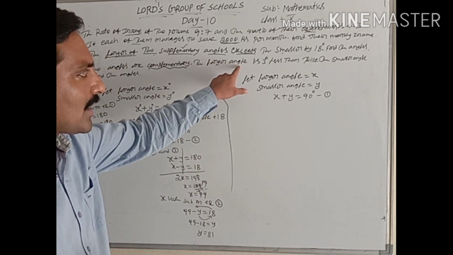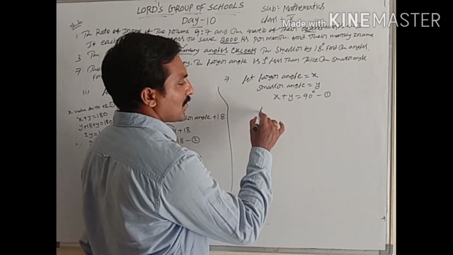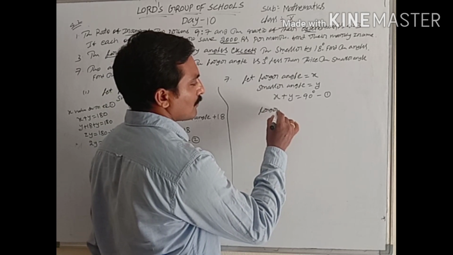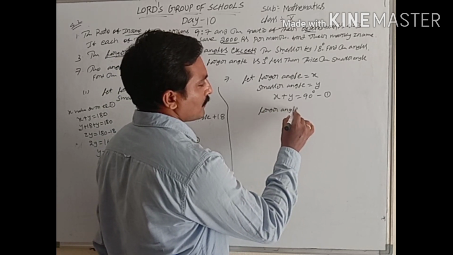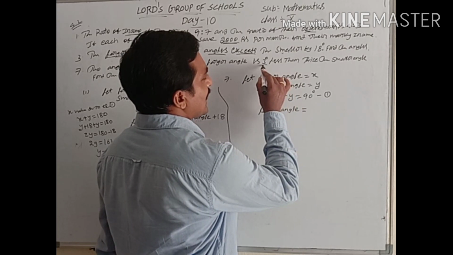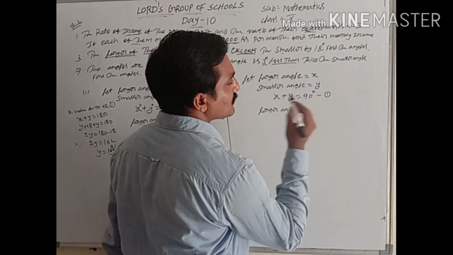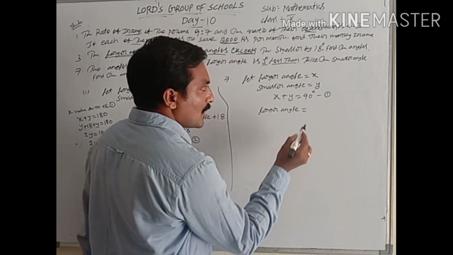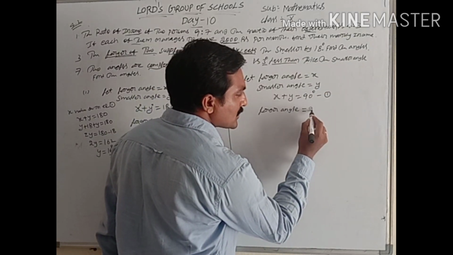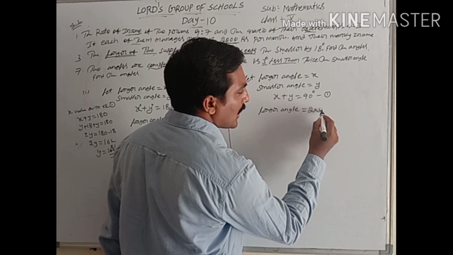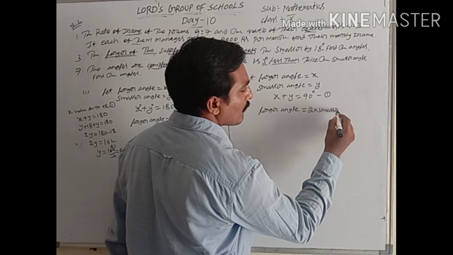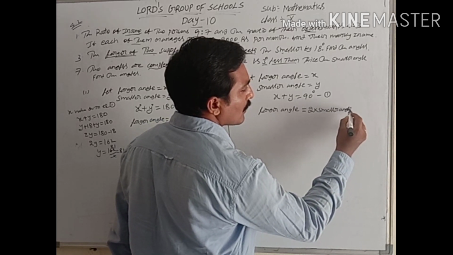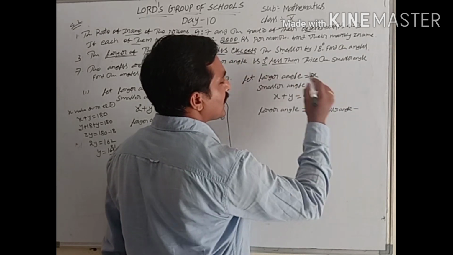Next, what is the condition in this question? The larger angle is equal to 3 degrees less than, means minus 3, twice the smaller angle. Twice the smaller angle means 2 into the smaller angle, minus 3 for 3 degrees less.